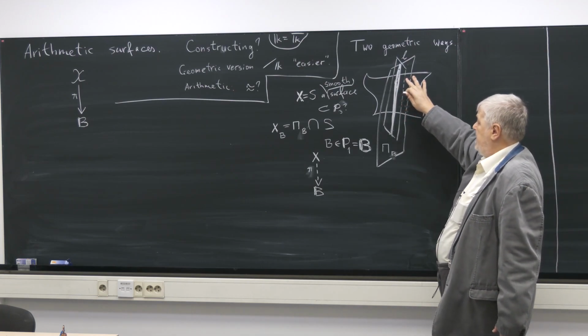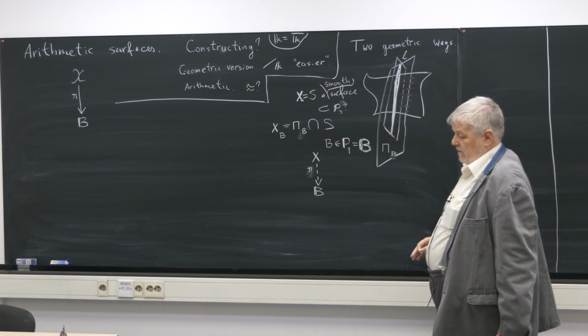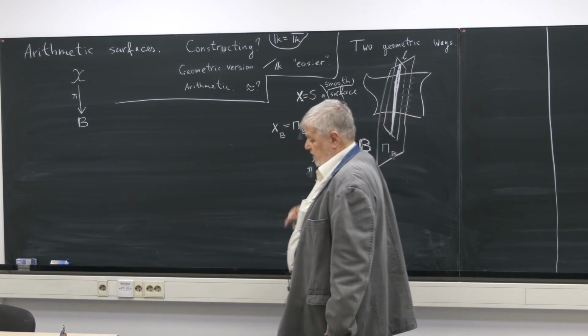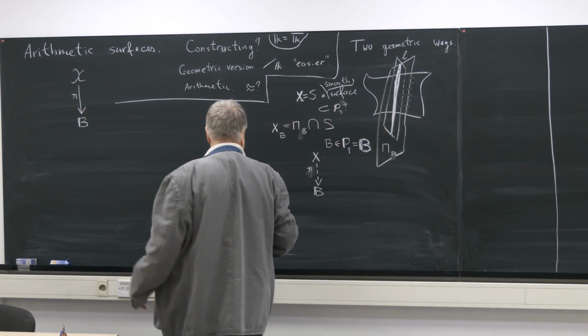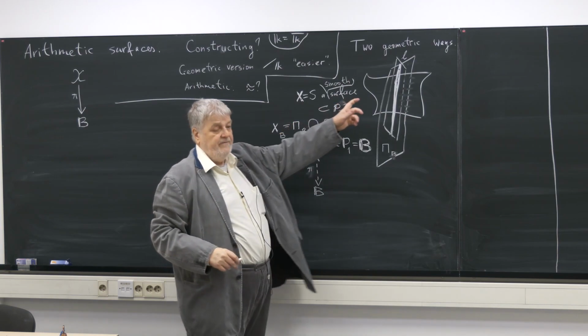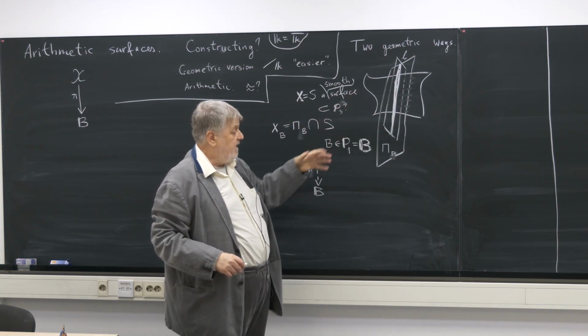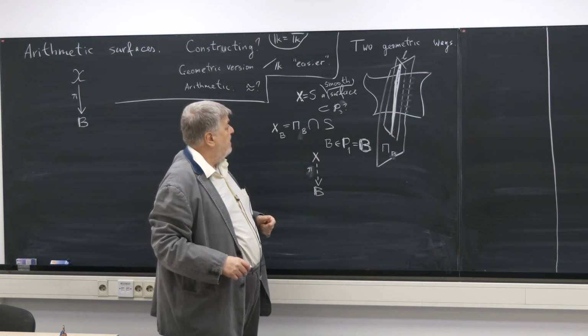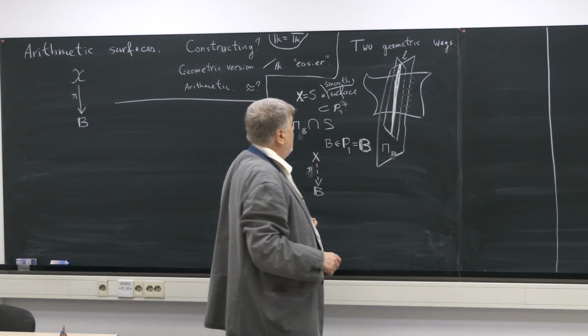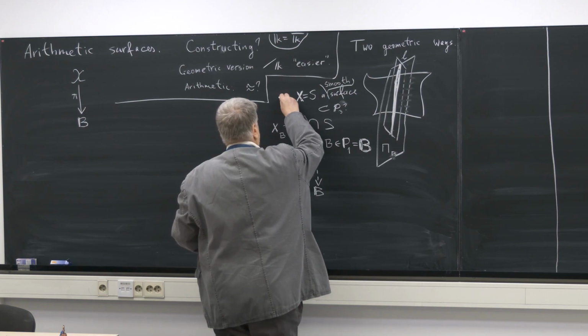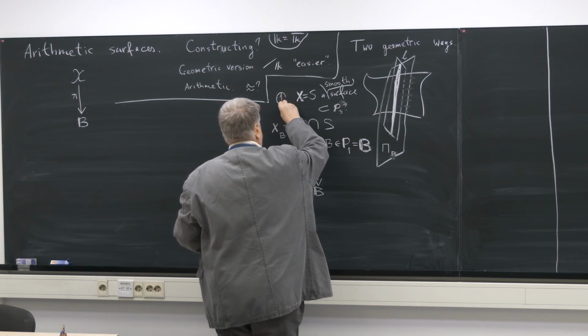Some planes are not transversal to the surface, and therefore the corresponding intersections are singular. Then we throw them away. So this is the first method.